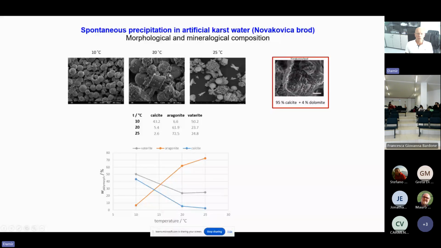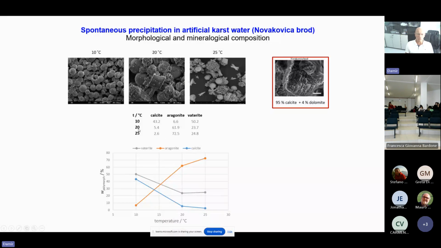At 20 degrees, we have some calcite, much more aragonite, and some vaterite, while at 25 degrees we have a lot of aragonite, as also shown here, and just a bit of calcite.